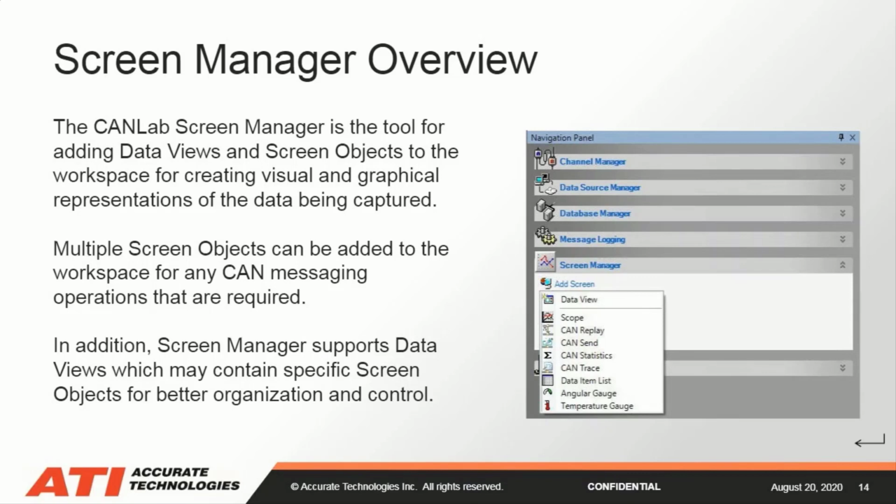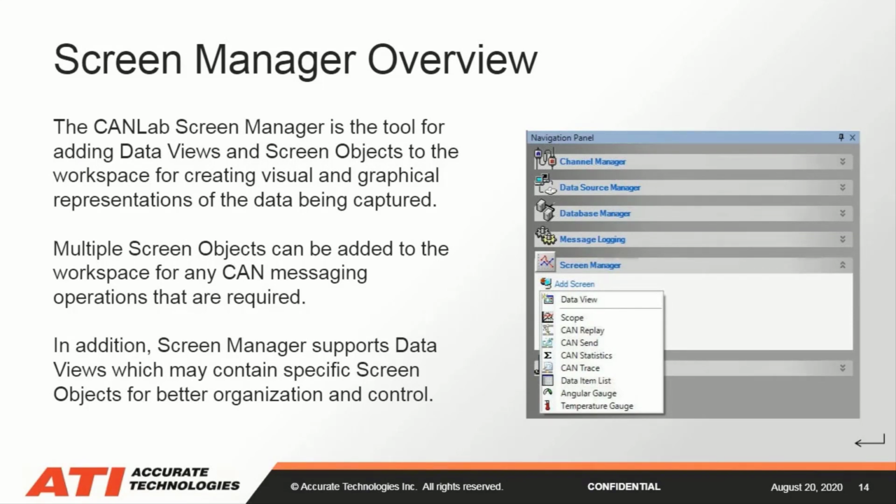And so now that we've got the hardware configured and we've got a DBC file added to the workspace and our recorder set to the workspace, we're going to spend some time talking about configuring the graphical portion of CANLab. And the first thing we do in our navigation pane is we go down to the Screen Manager Overview. So this gives you one of 3 different ways to select screen objects.